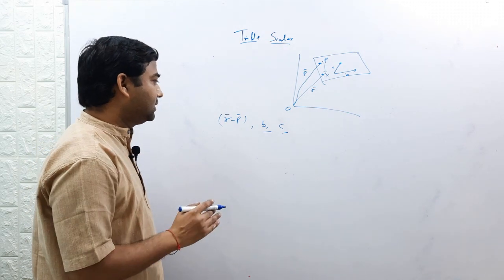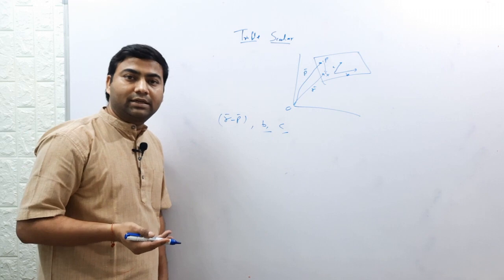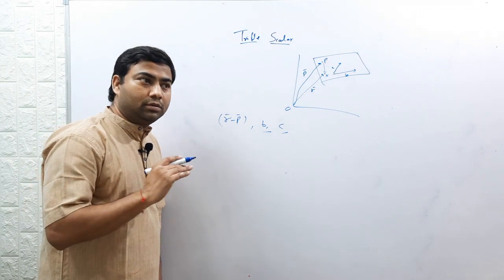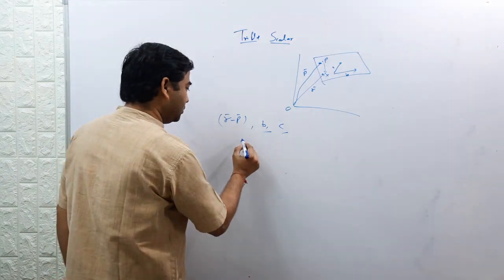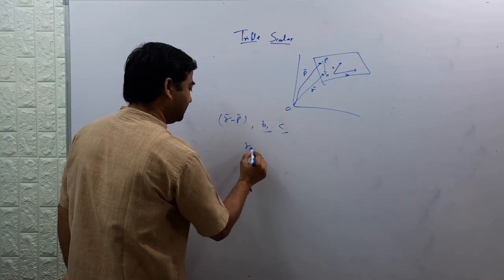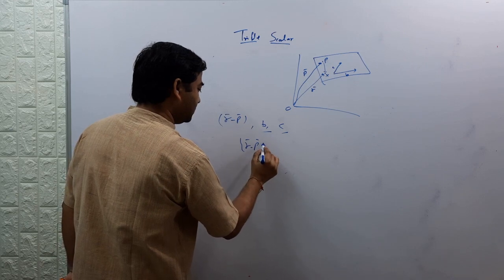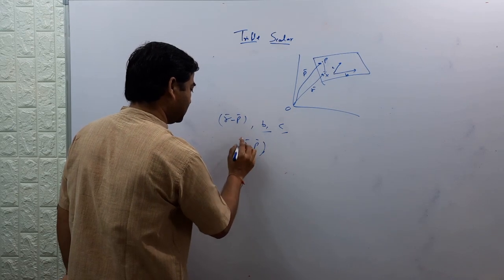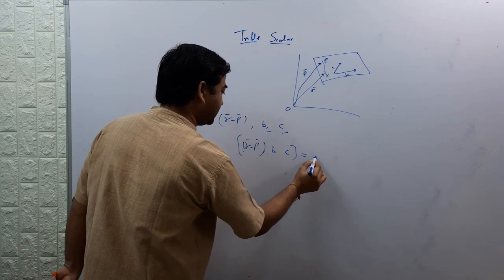All three vectors are coplanar. So we have discussed earlier in triple scalar product, for coplanar vectors, the triple scalar product is 0. So these three vectors' triple scalar product will be 0.